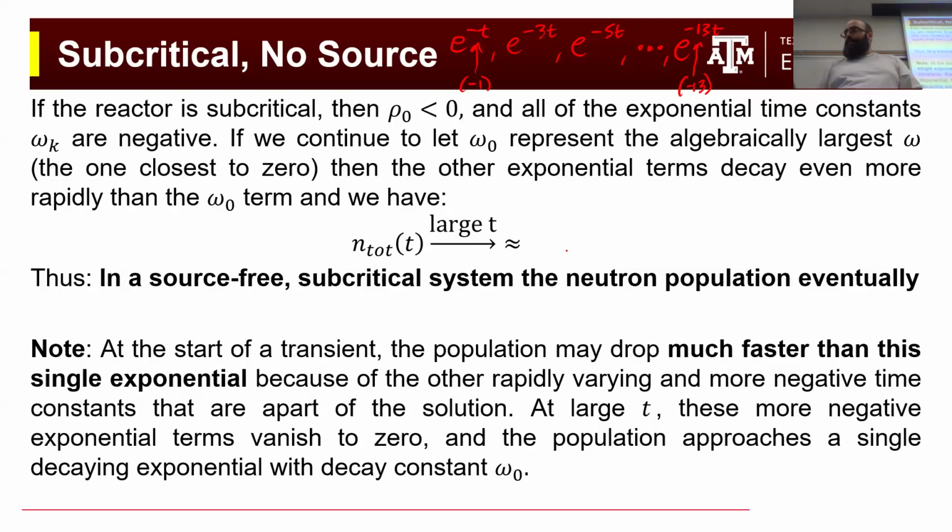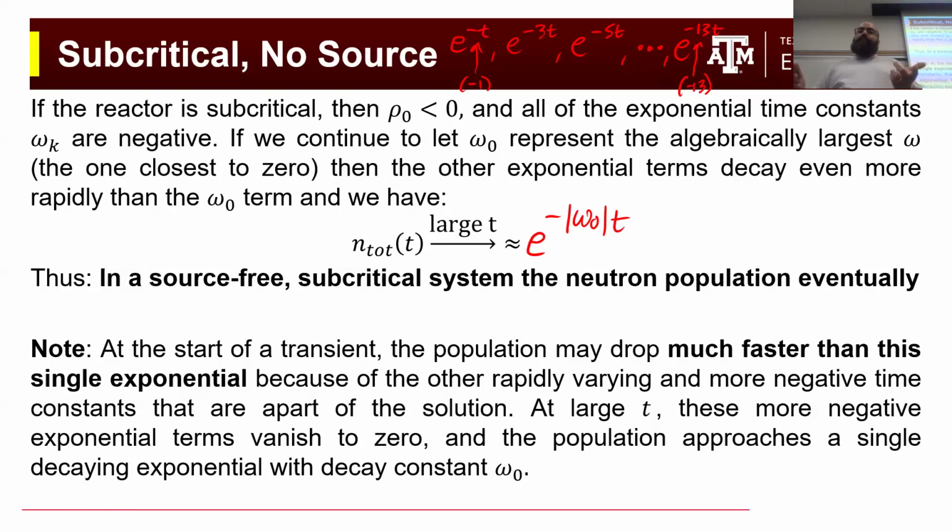So in this case, this is going to end up being dominated by that omega zero time constant. That time constant was negative, and the end behavior of my solution that contains all of these different exponentials is going to be dominated by the one that has the largest time constant, because all of the other exponentials are going to decay away to zero before this one.